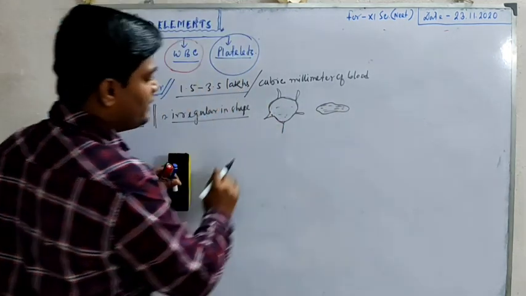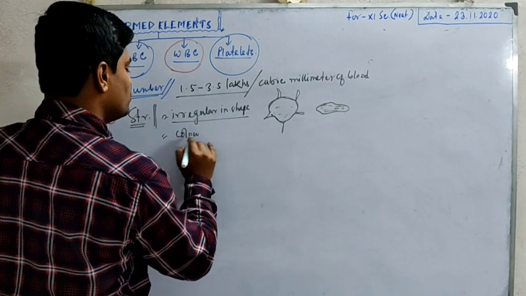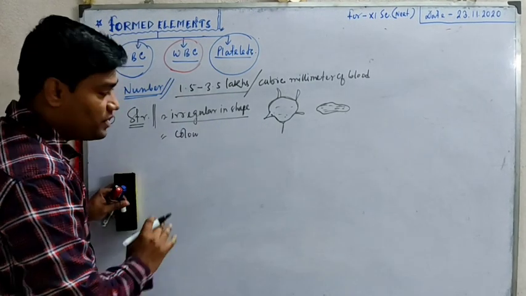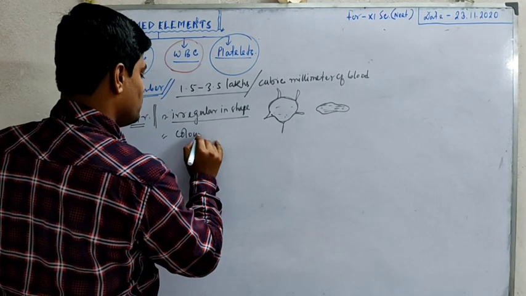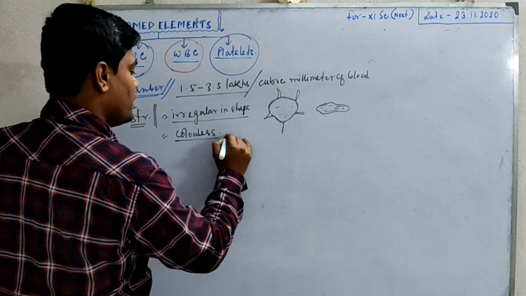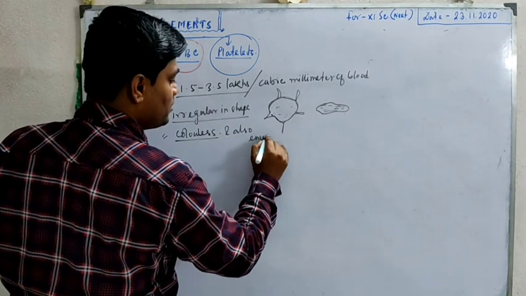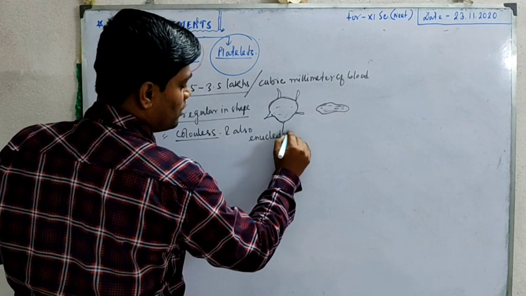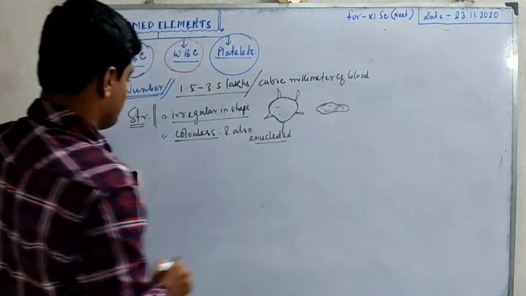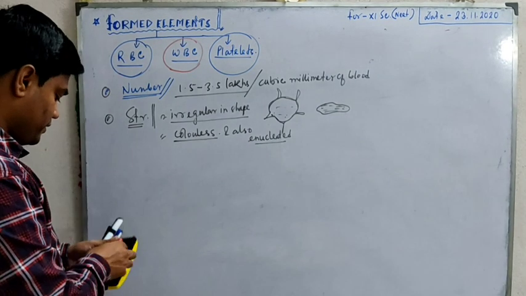So we call it the irregular shape. Colorless also, as we found in WBC, and also enucleated. Colorless, irregular in shape, enucleated.